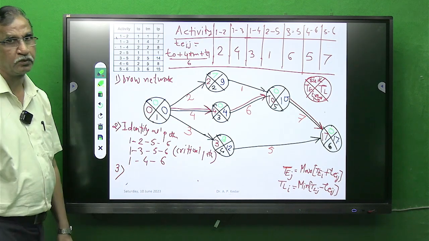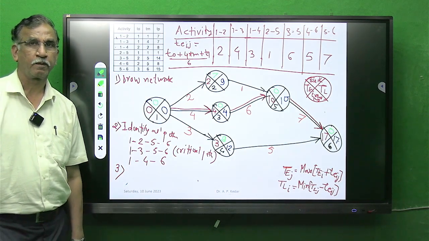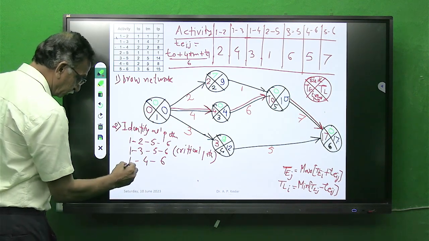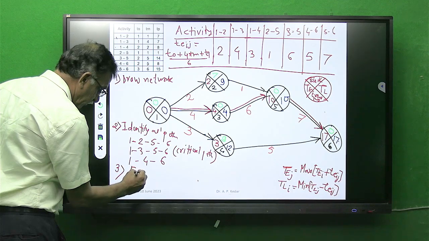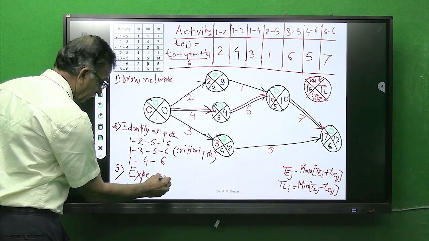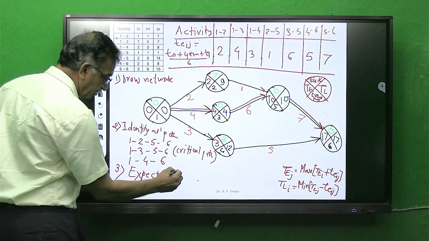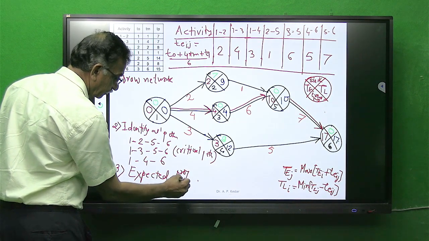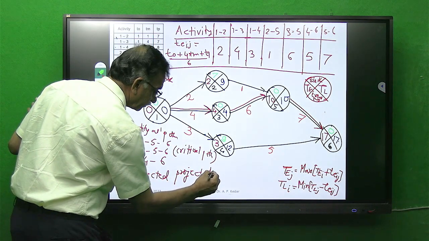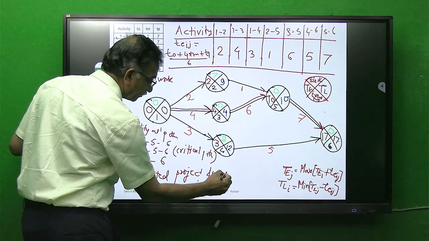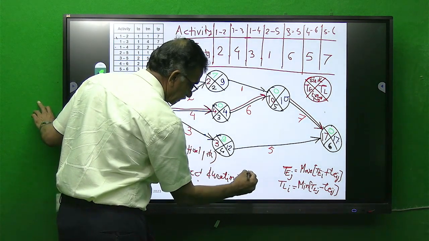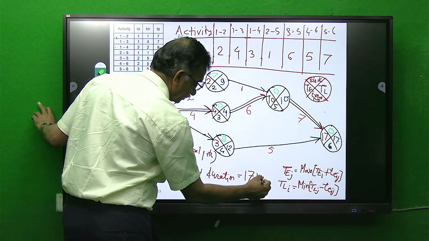Now third. What is third? What is expected project duration? So students, expected project duration is equal to your last answer, that is 17 weeks.